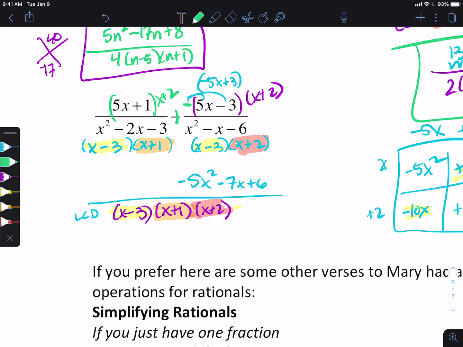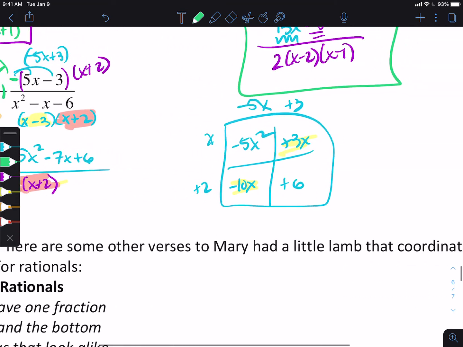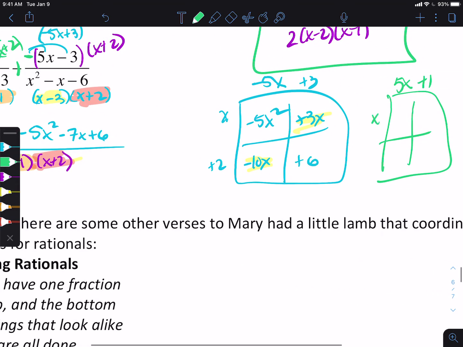And then don't forget, we didn't do this one yet. So let's see here, 5x plus 1 and x plus 2. So we get 5x squared, x, 10x, and 2.